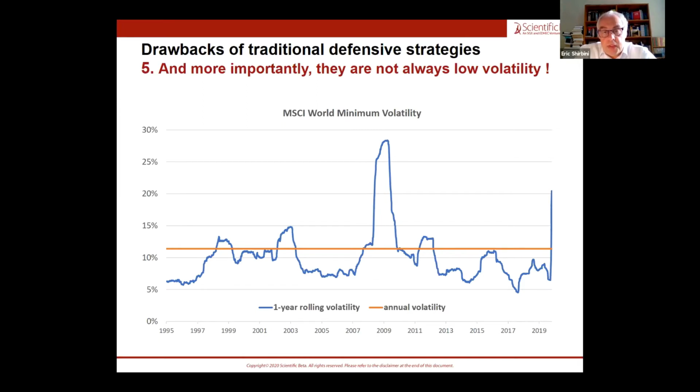Now, this is something that we will look to try to control explicitly. And we can see exactly what happened during the COVID crisis. You had a very sharp rise in the volatility of equities, including minimum volatility or low volatility equities. So we will look to try to control this risk as well explicitly.